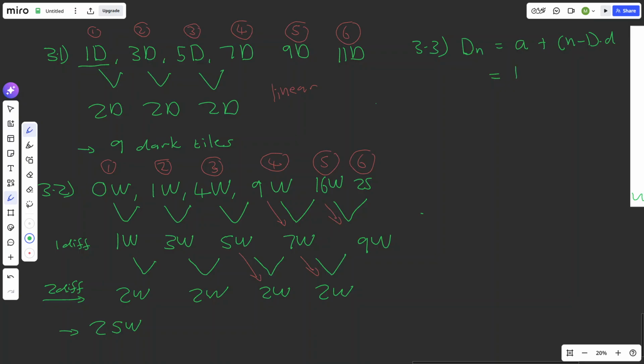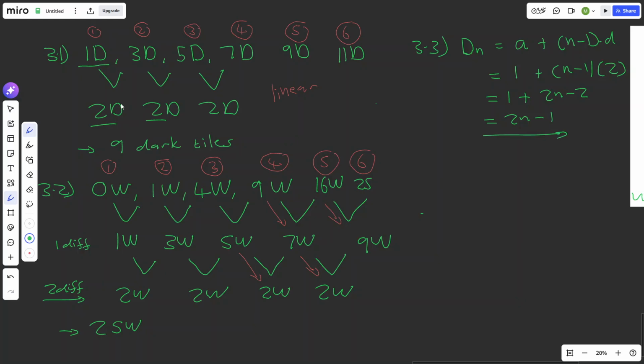We can just put it as 1 for now, you don't have to say 1D. And then plus n minus 1. N simply represents the nth term. For example, you want to find the fifth term, the 10th term, 10th pattern, 15th pattern, etc. And then we have the difference. The difference is what we got here, which is 2. So now if we simplify this, what do we get? 2n minus 2, and this is equal to 2n minus 1.